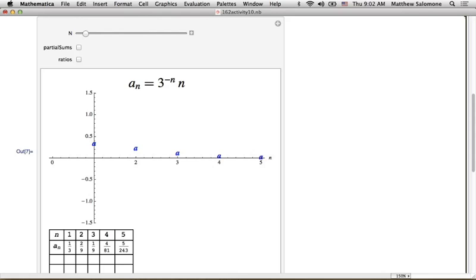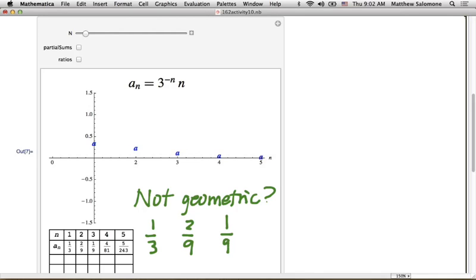Now, how do we know, first of all, that this is not a geometric series? I'm going to rewrite these terms a little bit larger here. The first term was 1/3, the second term was 2/9, and the term after that was 1/9, and then 4 over 81.